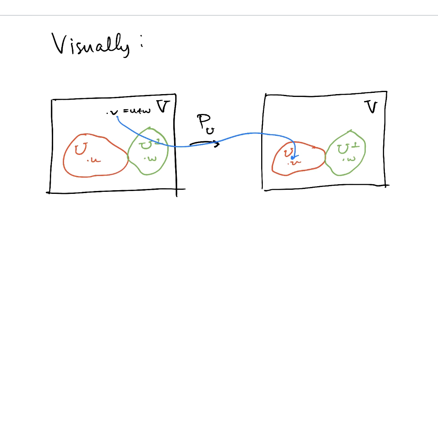So you look at this picture and you realize, oh, wait. So this thing is like way not one-to-one. Because all sorts of different objects over there all go to the same red part. Any two things that have the same red part have the same output because the green part just gets lopped off. So if you had u plus w1 and u plus w2, they would both just get sent to u. So this thing's way not one-to-one.